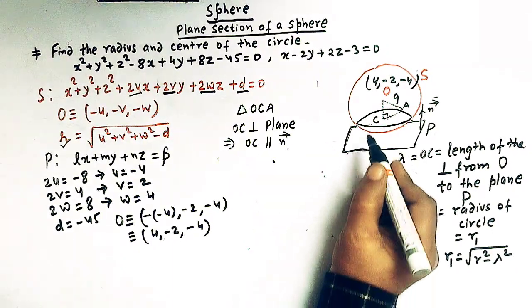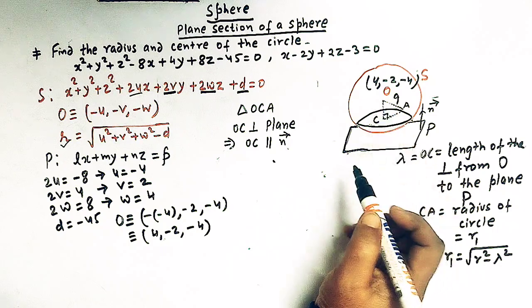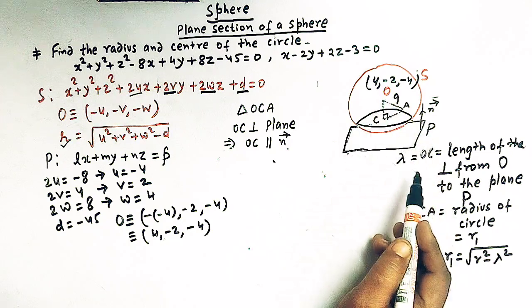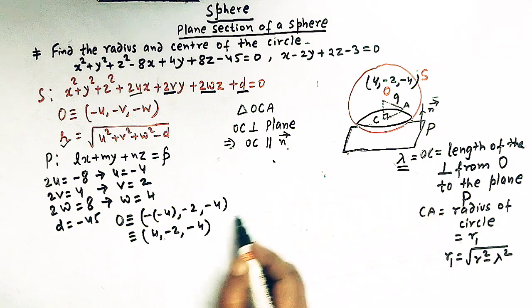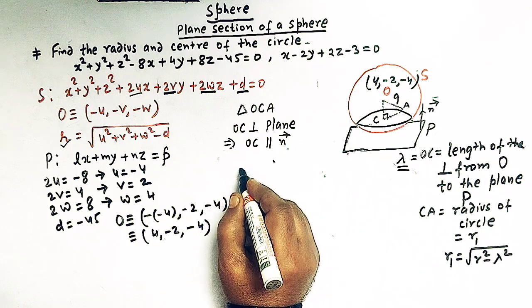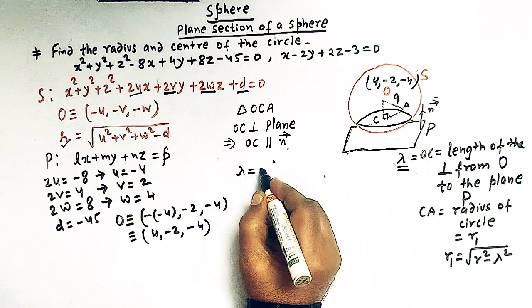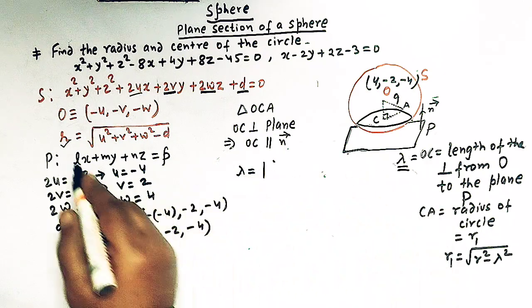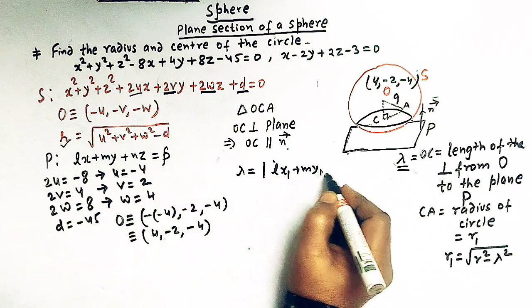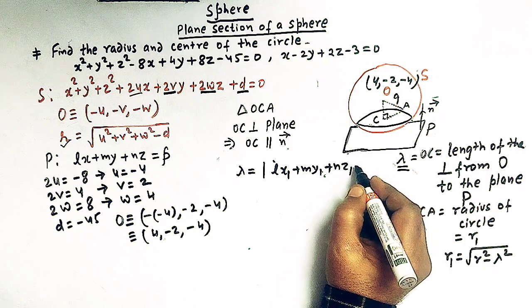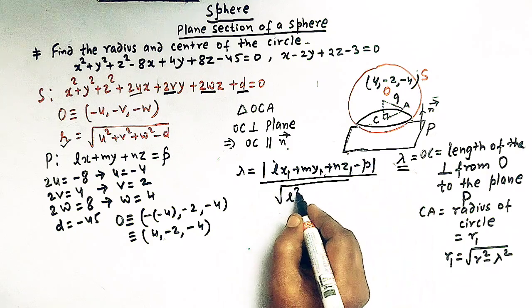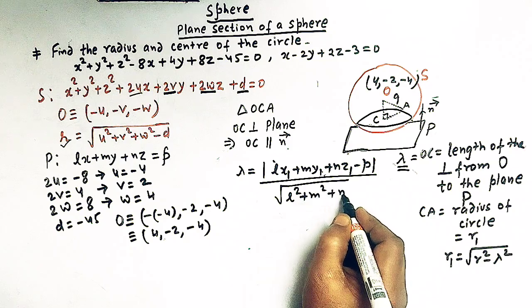So now let us find the length of the perpendicular from point O to the plane P. That is, we have to find the value of lambda, and from the theory of plane we know that lambda is given by the formula: absolute value of Lx1 plus my1 plus nz1 minus p, divided by the square root of L square plus m square plus n square.